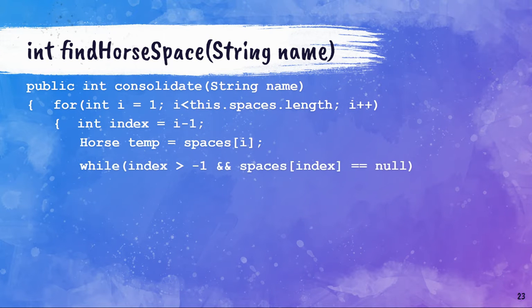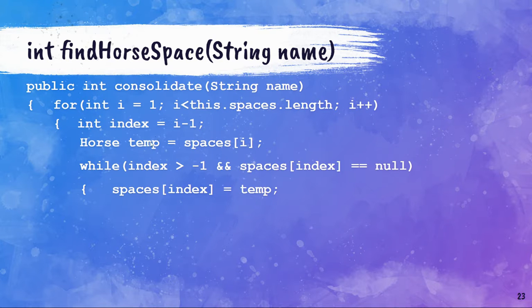And there's a couple of situations here, all right? So here's my index. This is correct, it was not written correctly on the algorithm, but if the index is greater than -1, that means that it's going to be okay. And if the element at index, that's the one prior, is null, i.e. it's not there, then I'm going to assign spaces at index to my temp.